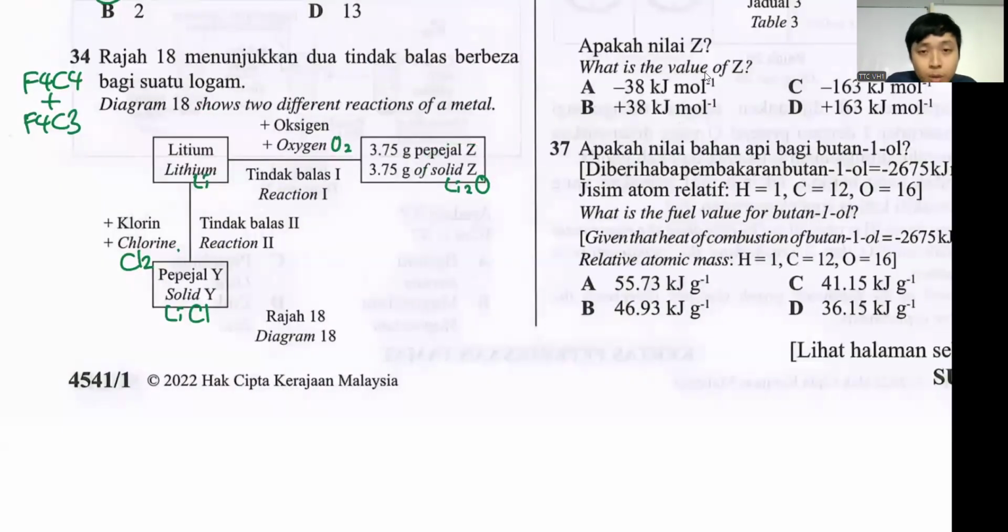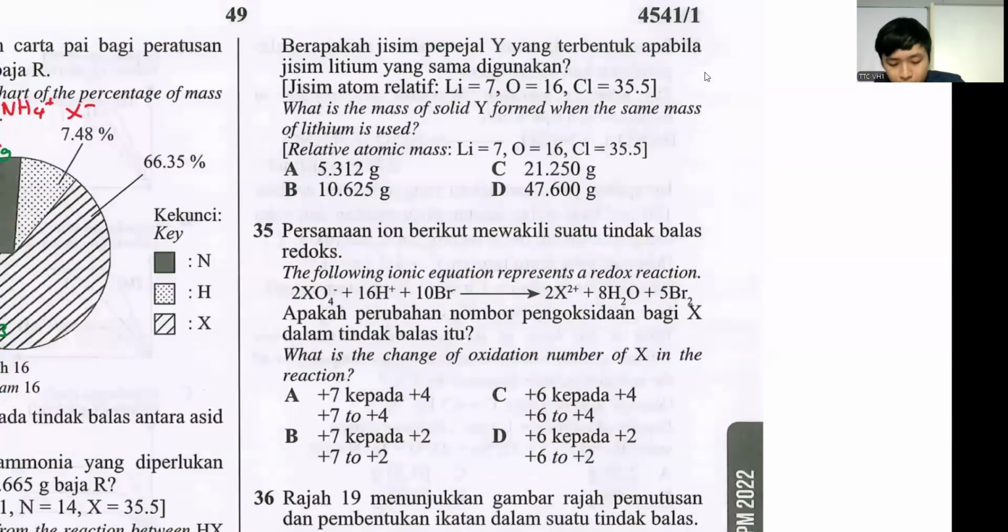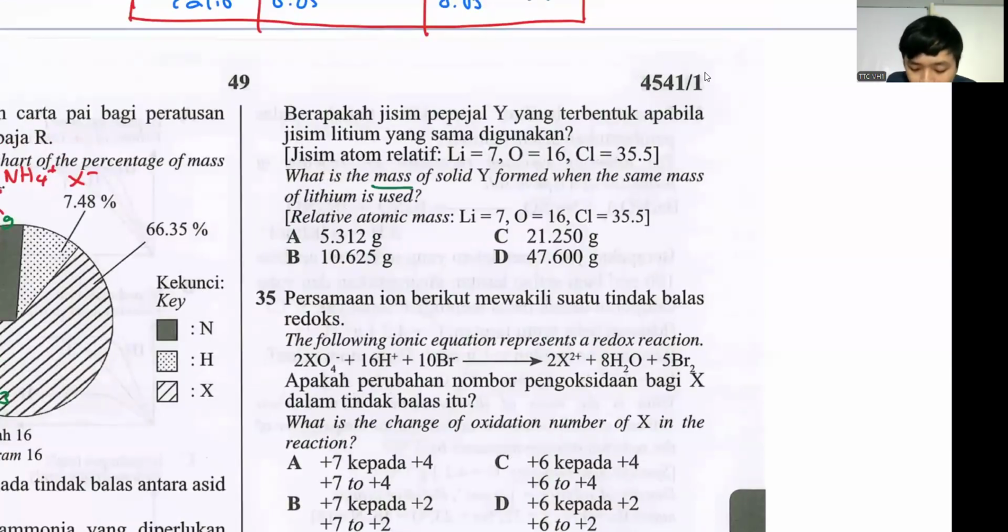Solid Z is lithium oxide, Li2O. Li is 1 plus, O is O2 minus, Cl is Cl minus. So they ask what is the mass of solid Y formed when the same mass of lithium is used?